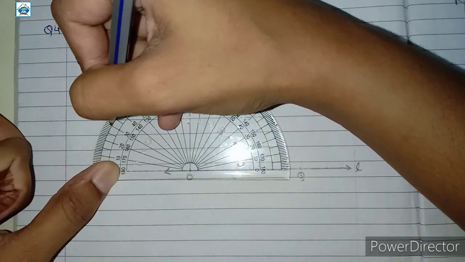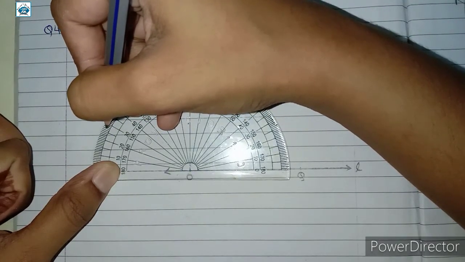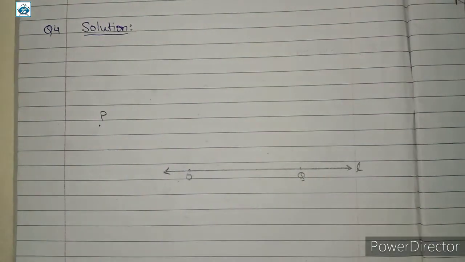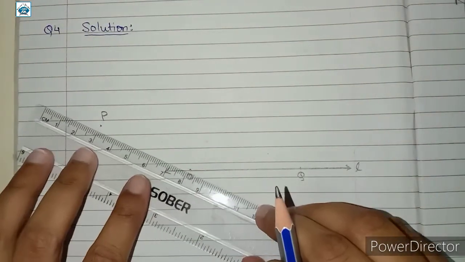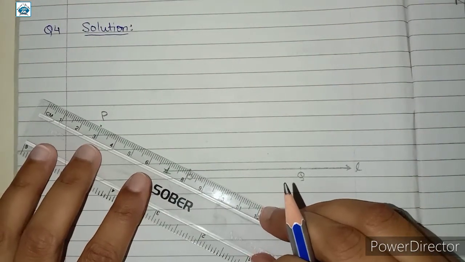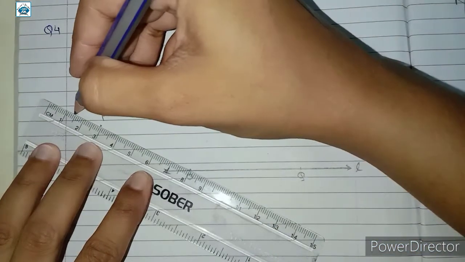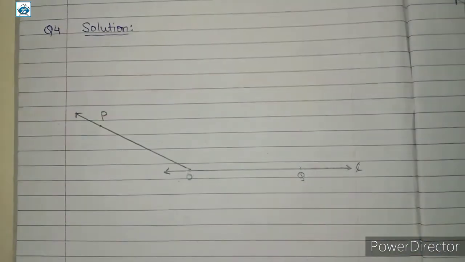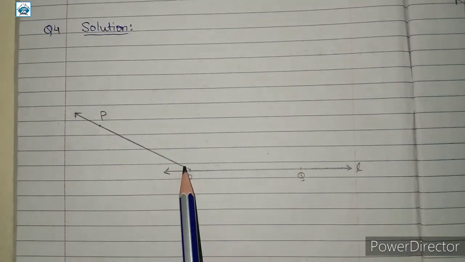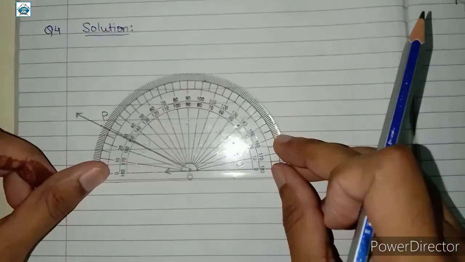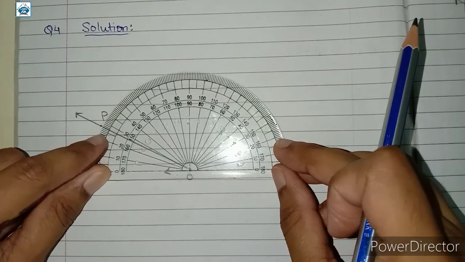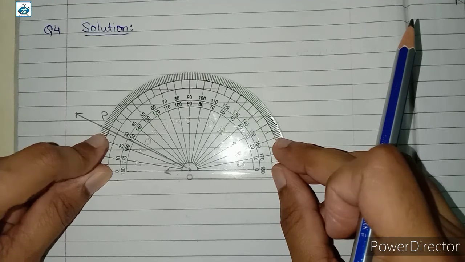So this is 150, 151, 152 and 153 over here. So this is point P, and I will be joining OP. So here I have angle POQ that measures exactly 153 degrees, as you can see over here.